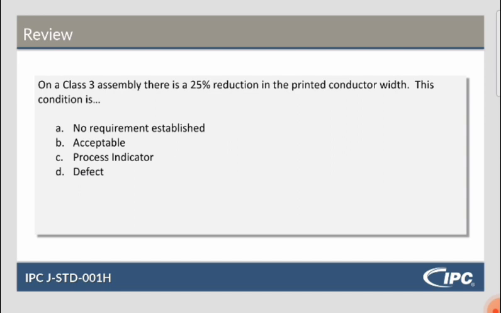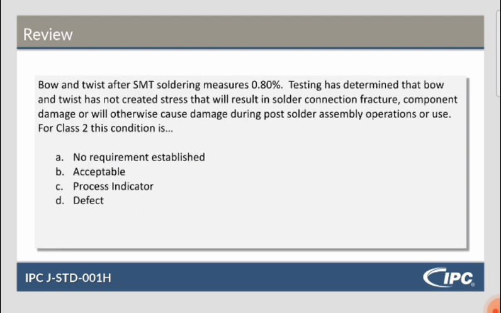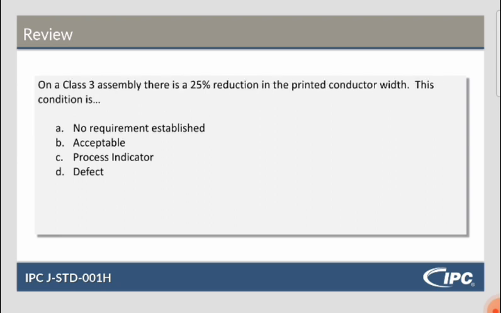I'm going to give you a couple seconds. I will give you a hint. It is in 9.1.6. Okay, so go to 9.1.6, and it is a defect. Because it's class 3. I think for class 1 it is 30%, class 2 and 3 is 20%.